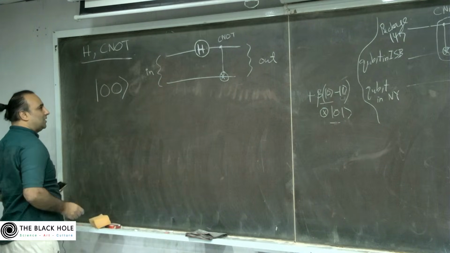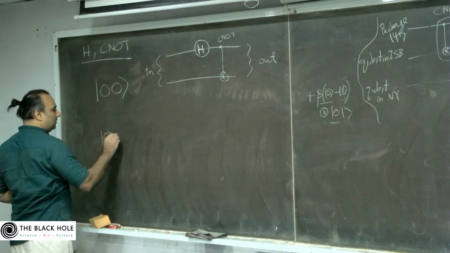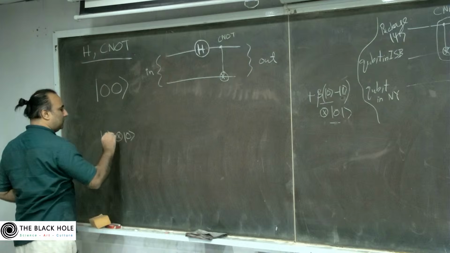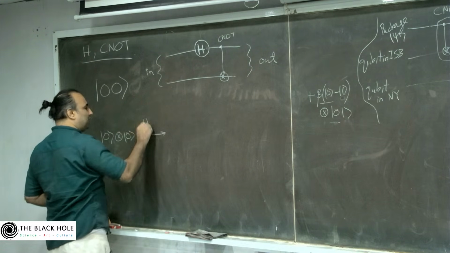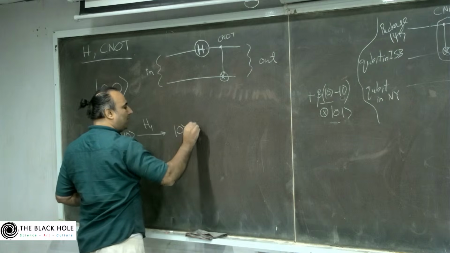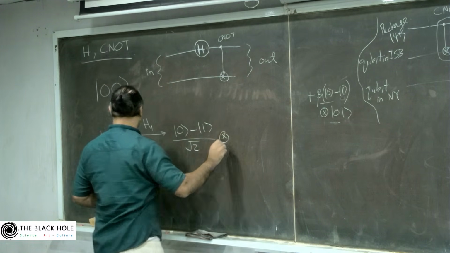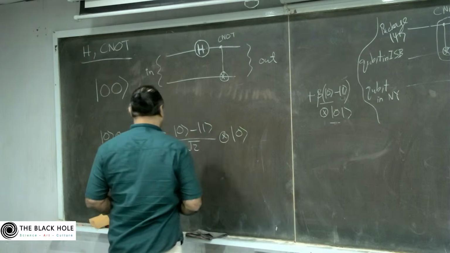Suppose you have this state and you perform H on the first qubit, so H1, you get (0 minus 1) by square root 2 times 0.